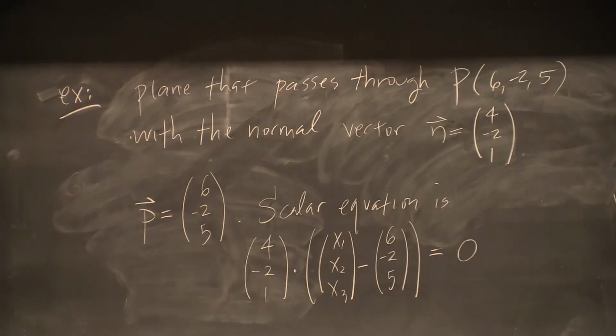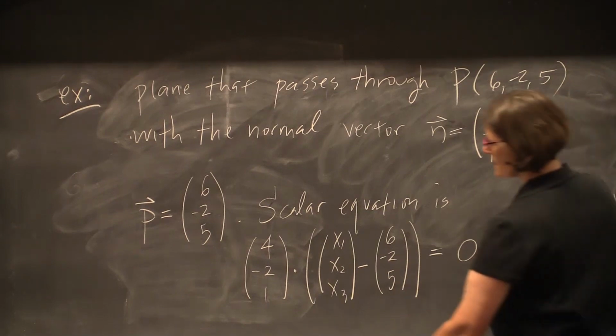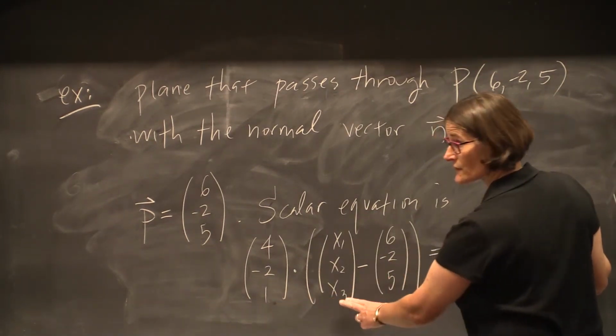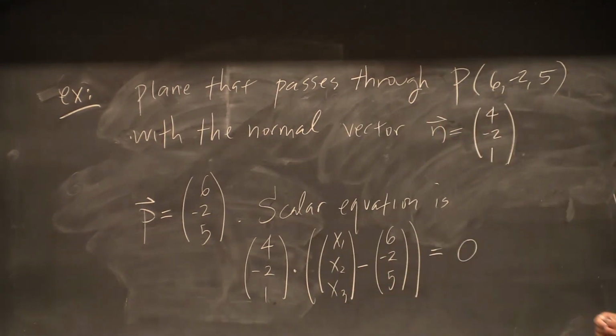The reason this is the scalar equation is when you take a dot product between two vectors, you get some number. Yes? I thought the coefficients of the scalar equation were the normal. Well, that's exactly what we're just doing. Oh, but I thought the normal vector was (4, -2, 1), so wouldn't that just be the coefficients? Well, that's what we're going to find out.